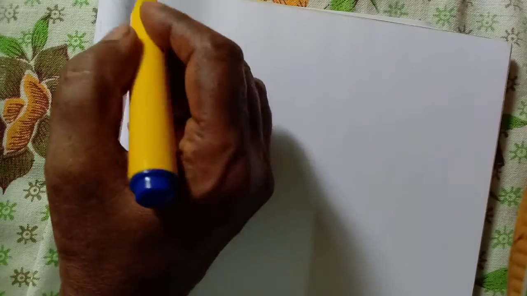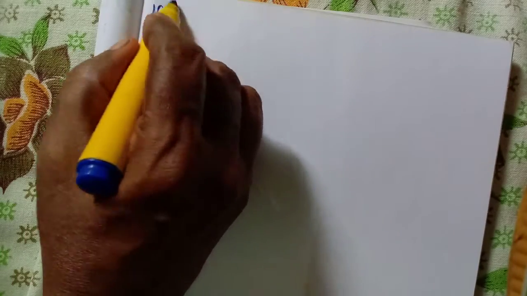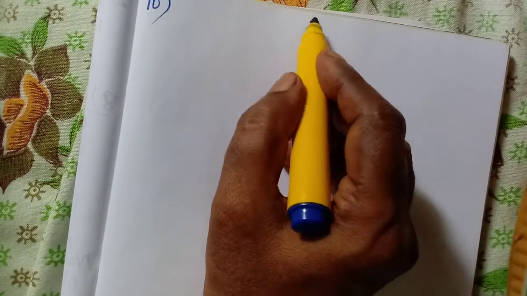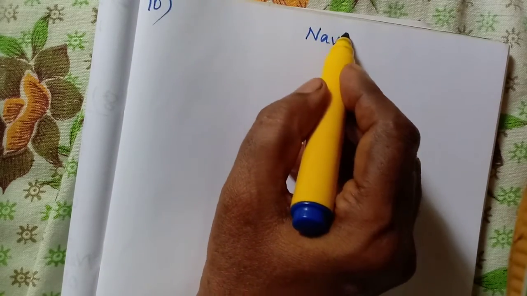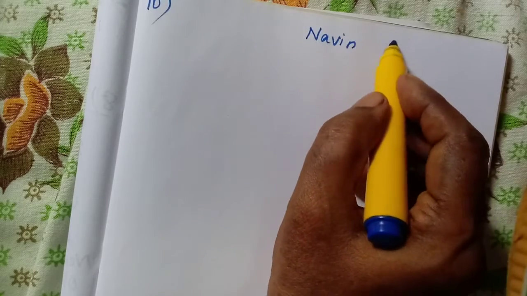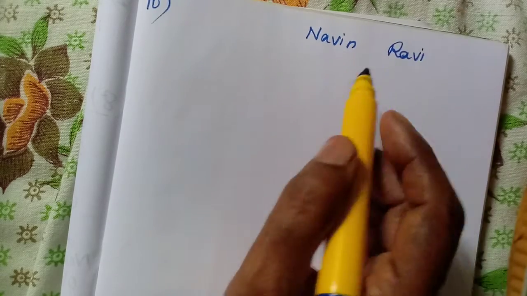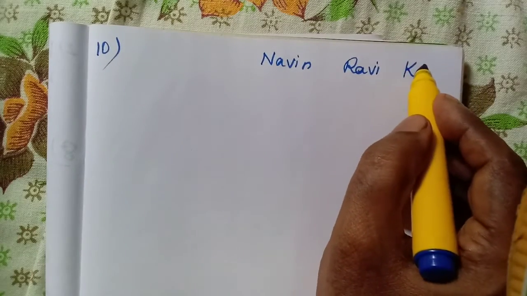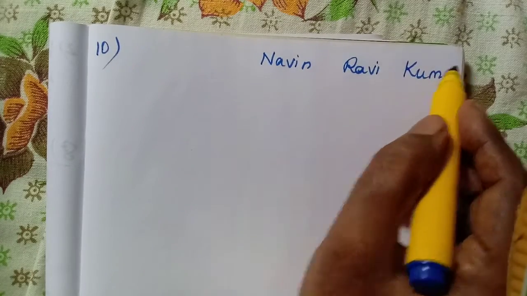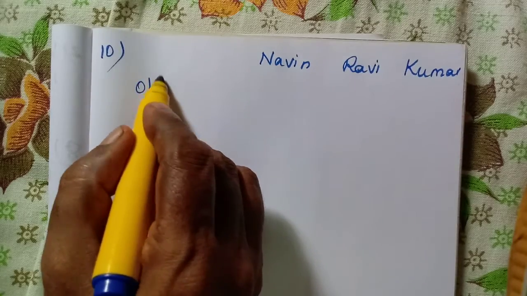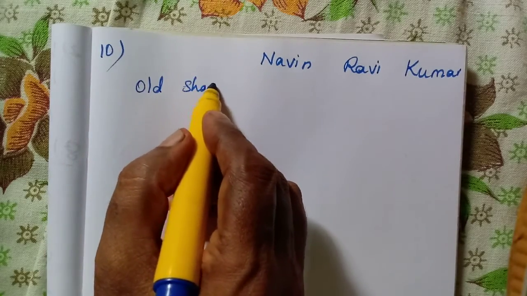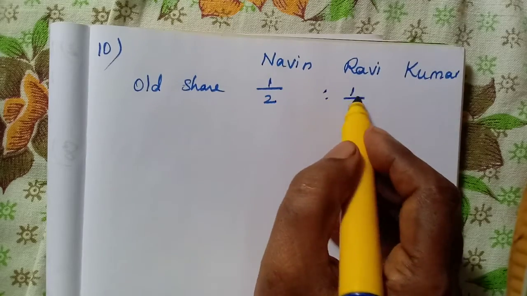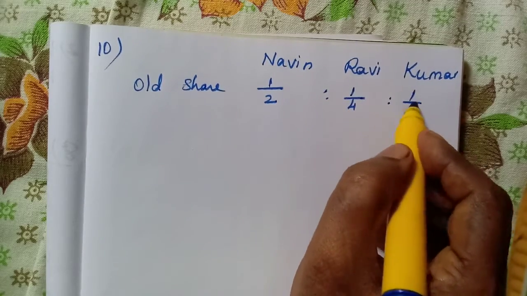First write the number, then column, 3 columns, isn't it? Naveen, Ravi, then Kumar. Old share only given, ratio not given. 1 by 2, 1 by 4, 1 by 4.